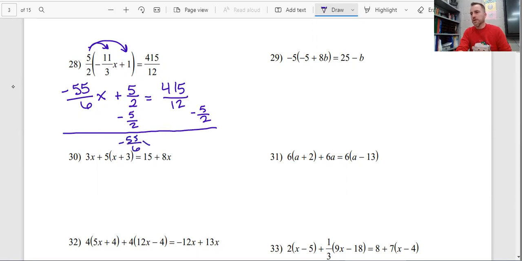So these cancel out here. And then we do 415/12 minus 5/2. If you want to subtract fractions, they have to have the same denominator. So if you try to make the denominator over here into a 12, you get 30/12. But you can also just subtract those things on a calculator. And you get 385/12.